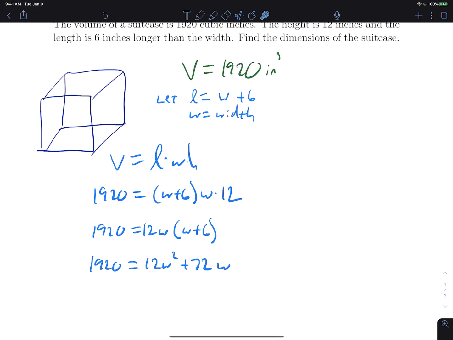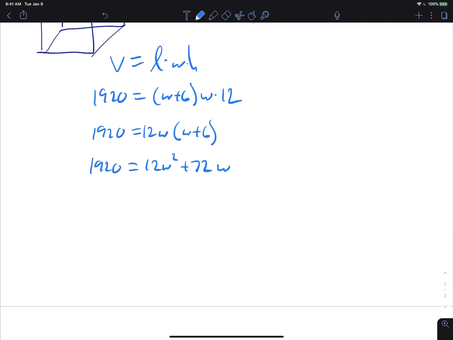And then move the 1920 to the right-hand side, which of course gives me 0 is equal to 12W squared plus 72W minus 1920. And all three of these share a common factor of, in this case, 12. You could easily say that they have a common factor of 2, and then a common factor of 3, and so on and so forth.